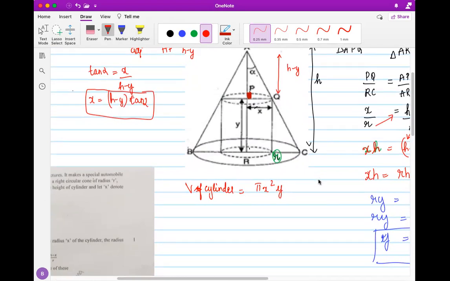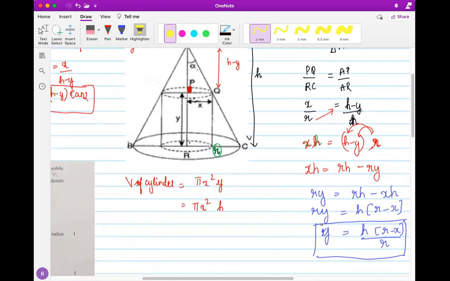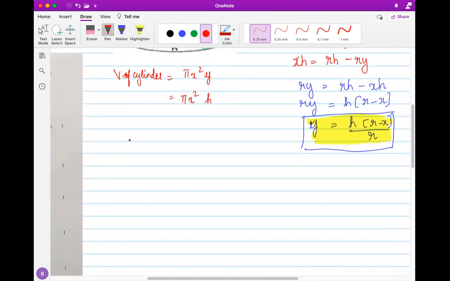So pi x square y is the volume of cylinder, but we already found that y is h into r minus x divided by r. Now let us substitute.